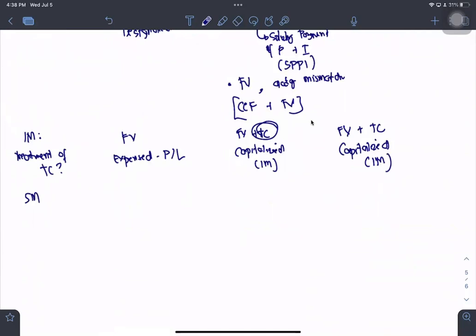The subsequent measurement of FVTPL is fair value, FVTOCI, fair value, while amortized cost is amortized cost using the effective interest method. Since we are accounting for the fair value, we need to look at the changes in your fair value. The changes in fair value under your FVTPL will be placed in your profit or loss. FVTOCI will be placed under your OCI, while the changes in fair value under amortized cost is ignored.